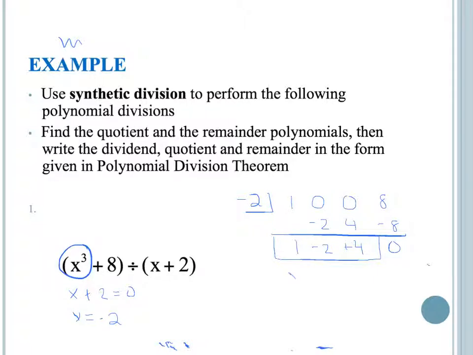We would have x squared minus 2x plus 4. And now that we've gotten it down to a quadratic, we could find other roots either by factoring or by using the quadratic formula. Our goal is to get to a quadratic, so this is good news.